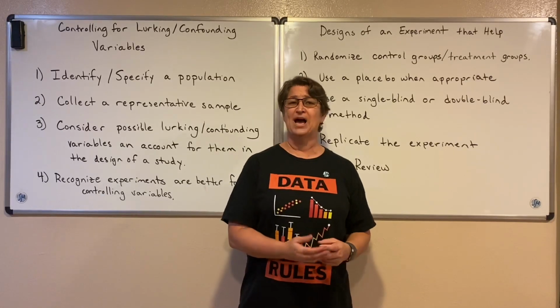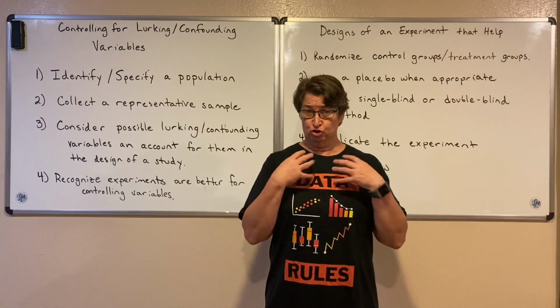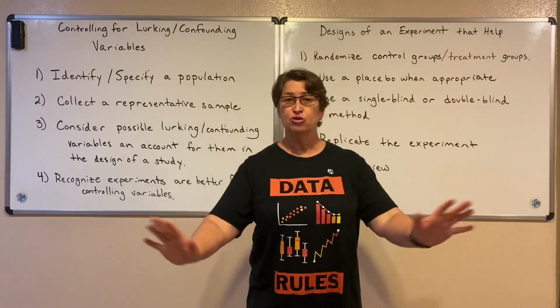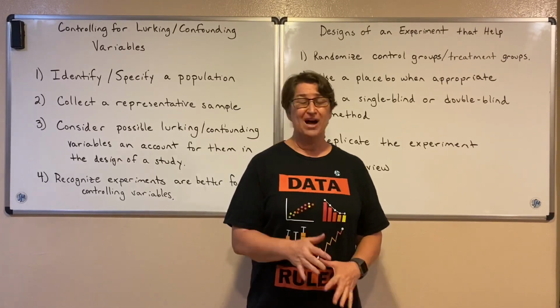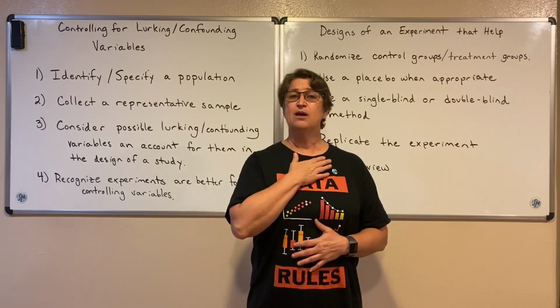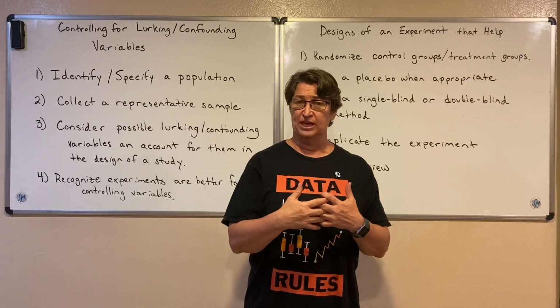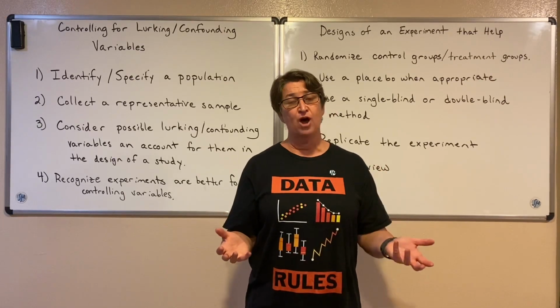A single blind experiment is when I, as the researcher, know who's getting treatment and who isn't, but the subjects who are getting the treatment don't know. But sometimes, without even realizing it, I may bring some sort of confounding or lurking variable in just with my knowledge of who's getting the treatment or not.